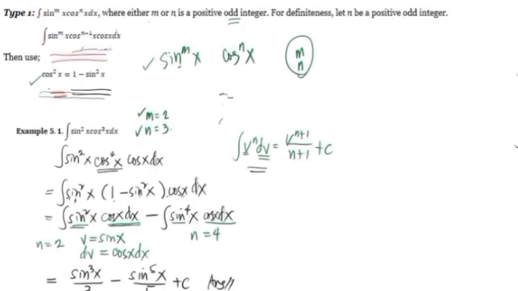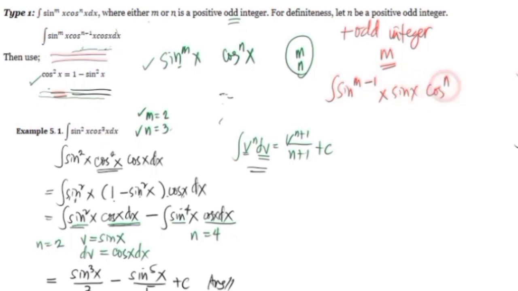Sa previous case na ginawa natin, yung n natin is odd. So what if this time your m is an odd integer? If m is a positive odd integer, meaning yung exponent ng sine natin is positive odd integer, what we are going to do is to express that in terms of sine m minus 1 of x sine x cosine raised to n dx.